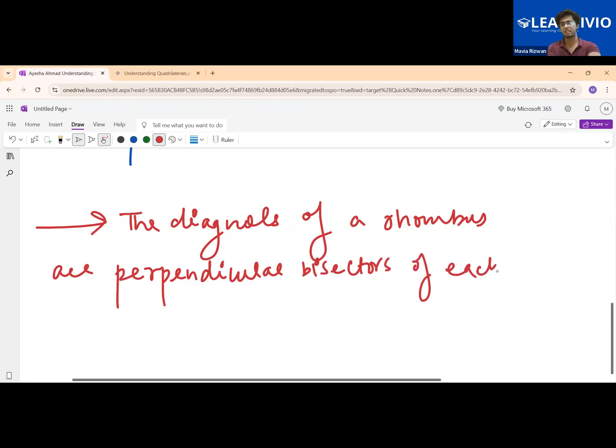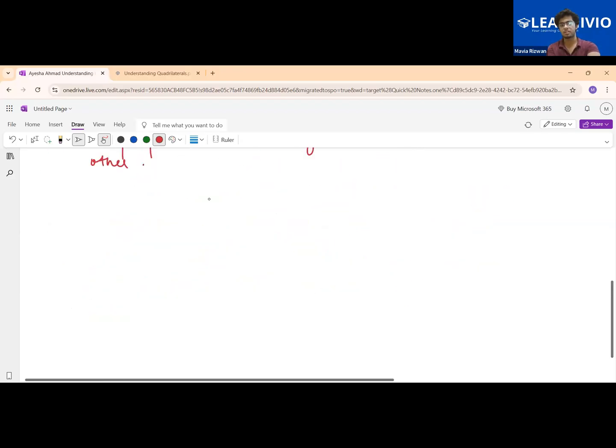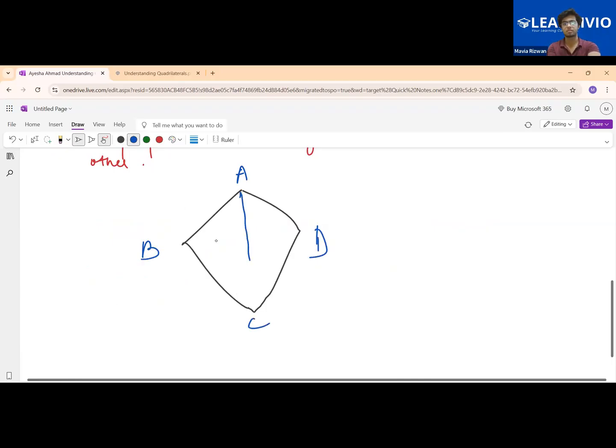Now, what does perpendicular bisector mean? See, suppose I have a rhombus. Let's name it ABCD, and it has diagonals like this. Perpendicular bisectors means that these diagonals are not equal, but they cut each other at 90 degrees and they divide each other in half.